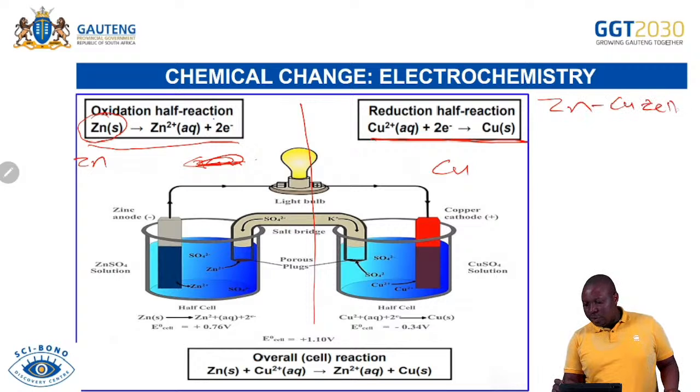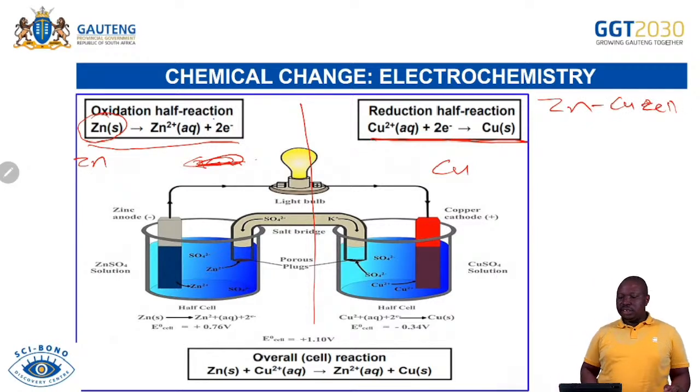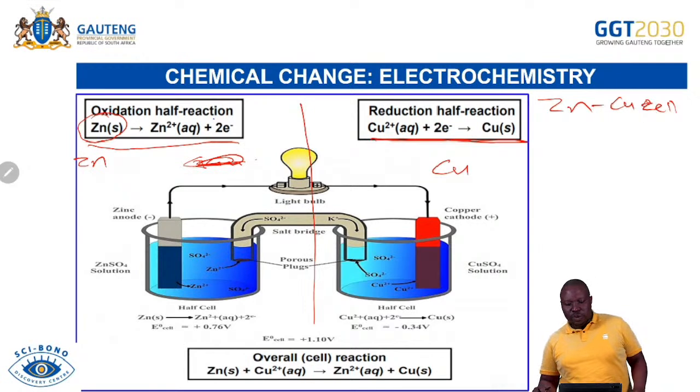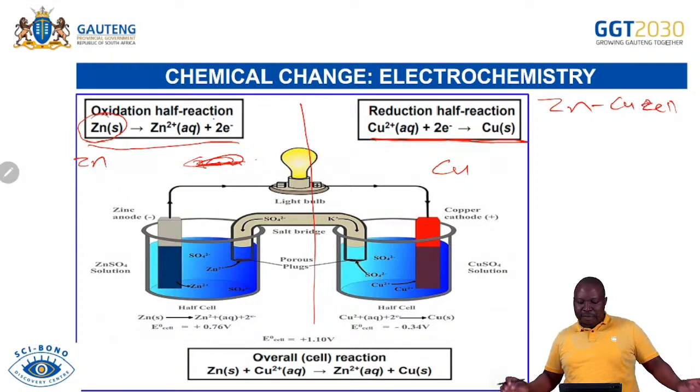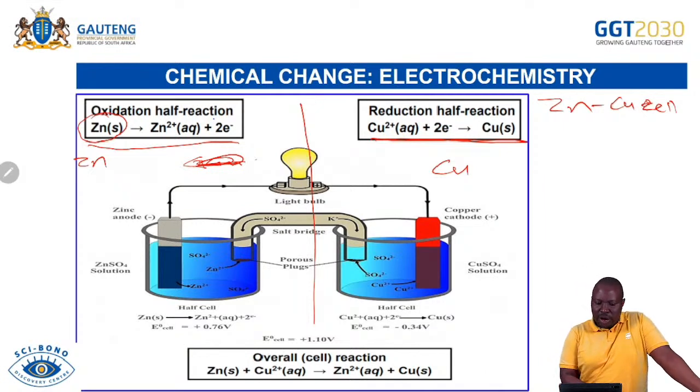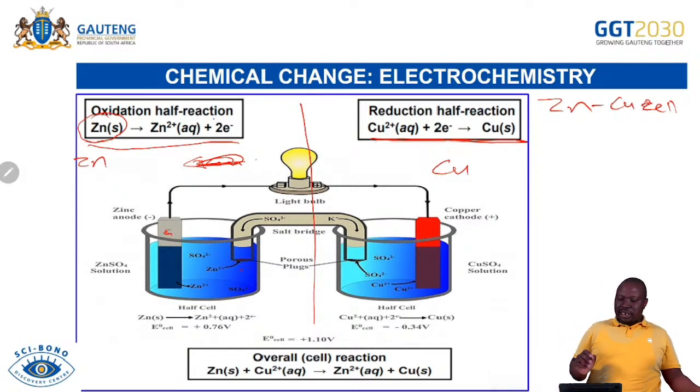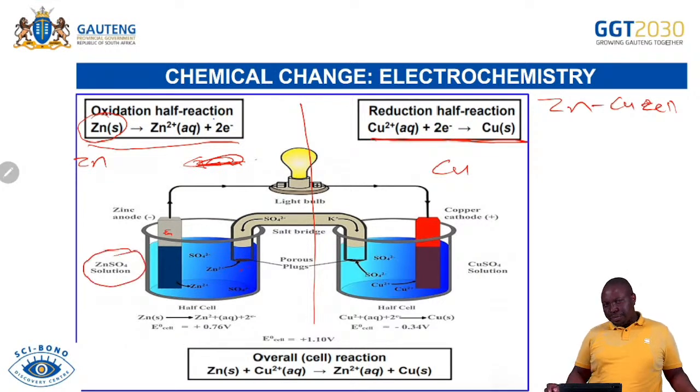Remember what I was saying, in this case zinc is a metal and copper as well is a metal. So we have two metals that are immersed in the electrolyte. Remember, we said there must be an electrolyte. So you have your zinc here inside the electrolyte. The electrolyte, we said, is a solution that conducts electricity. And if you check, our electrolyte is zinc sulfate.